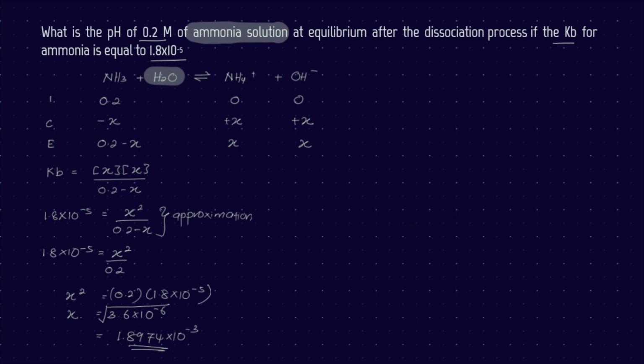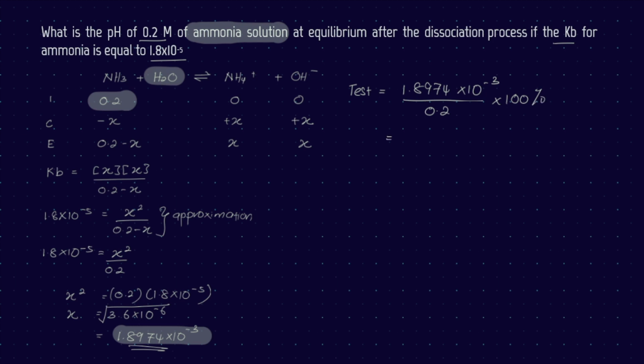In order for you to do the test check, the test is equivalent to the value of your x, which you have calculated just now. So it's going to be 1.8974 times 10 to the power of negative 3 divided by the initial concentration, which is 0.2, times 100%.